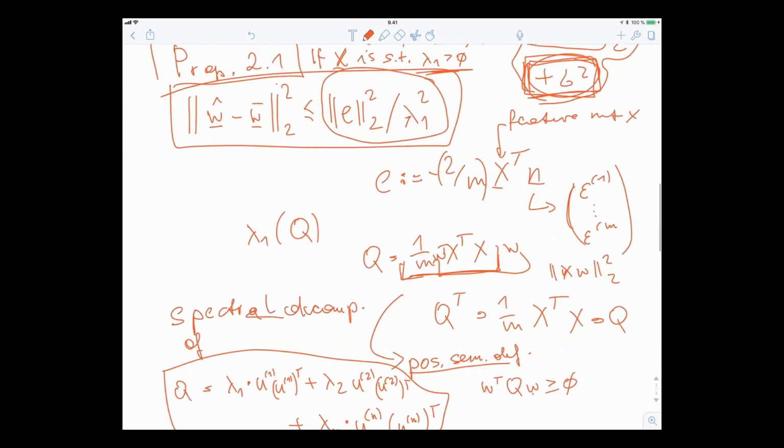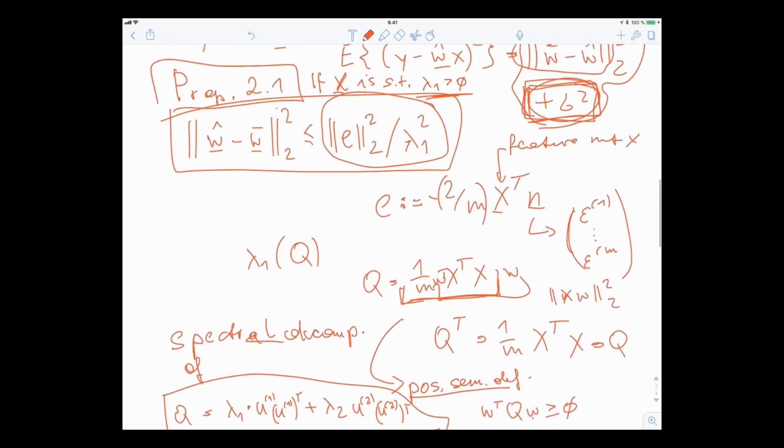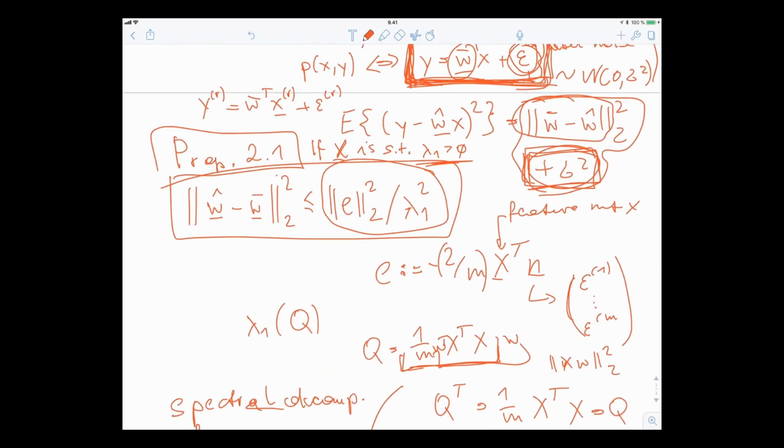Yes, so this was to give you a sense of how you can analyze statistical properties of machine learning methods using a statistical model. And this is nice. You can work out closed form expressions for errors, and then look at what I should do to make this lambda 1 very large, because it seems a large lambda 1 makes the error small.